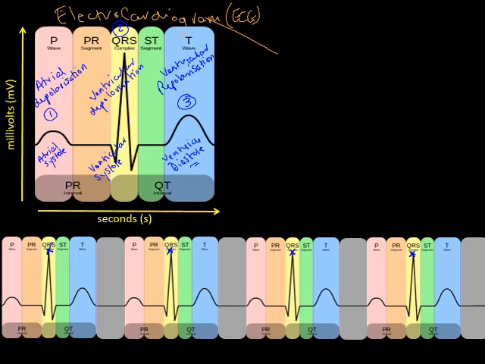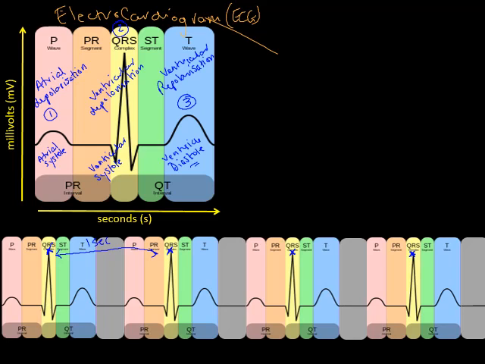So if the time between the QRS spike, or the R point, is say 1 second, then in 1 minute the heart must beat 60 times, because this represents the time between a single heartbeat and the next one.